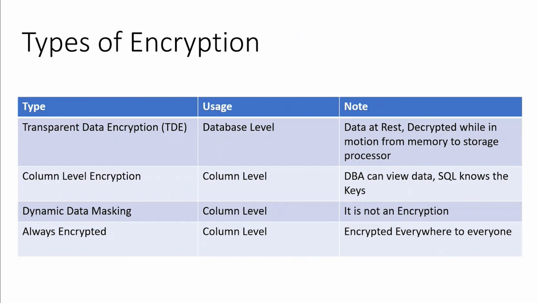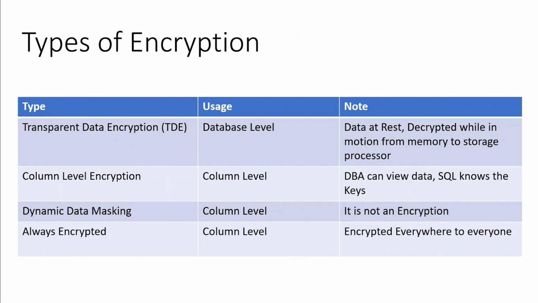So if someone finds our actual stored data somewhere, the files, they can look inside the data, because the data is encrypted only at rest when it is stored. And then we have column level encryption, where a DBA who has knowledge of the key and where the key is stored can see the data. Another one is dynamic data masking.